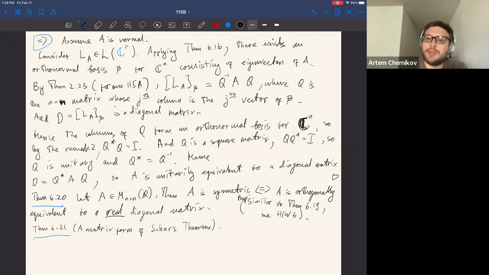Schur's theorem told us that in that case the matrix representing the linear operator with respect to some orthonormal basis is upper triangular. So we have an analogous statement for matrices now. Assume that A is an n by n matrix over F such that its characteristic polynomial splits.